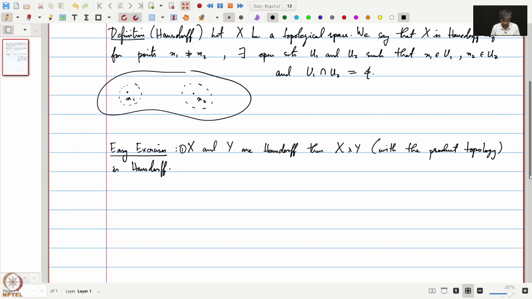So let us see how to do this. Let us say we have two points (x1, y1) and (x2, y2).